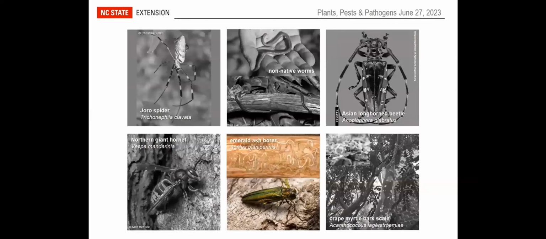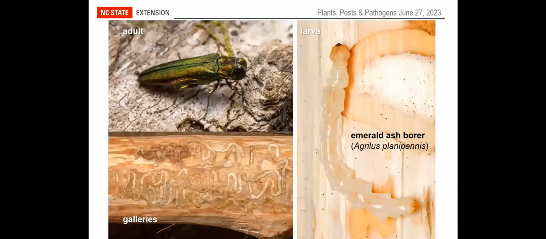Okay, emerald ash borer. This is a wood-boring jewel beetle that only feeds on ashes, and it creates these serpentine galleries. The larvae do. The larvae have these bell-shaped segments and kind of this elongate body, and they do kill healthy trees.